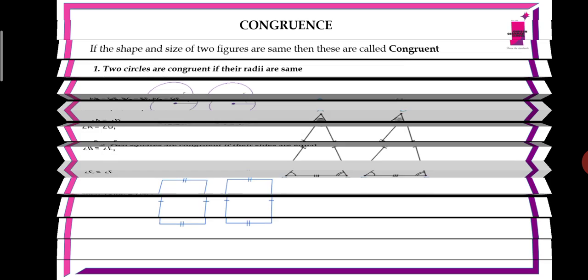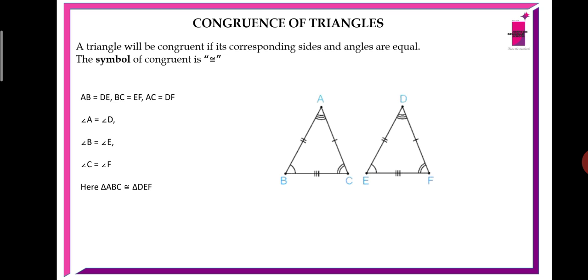Now comparing congruence with a triangle: triangles will be congruent if their corresponding sides and angles are equal. The symbol of congruent is given there. It is the equal sign placed under the similarity symbol, because all congruent figures are similar and also they are equal.